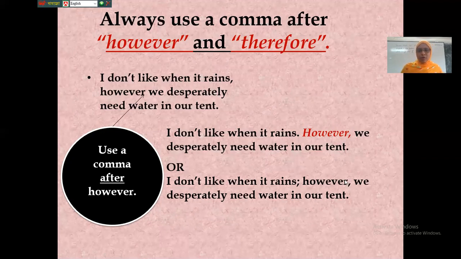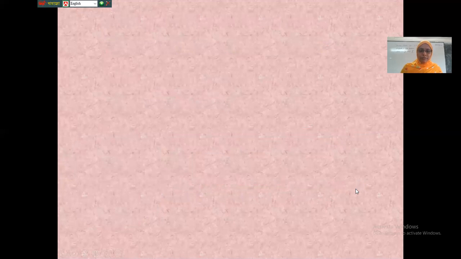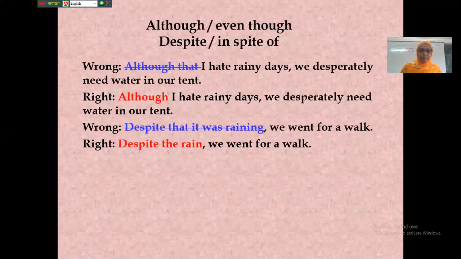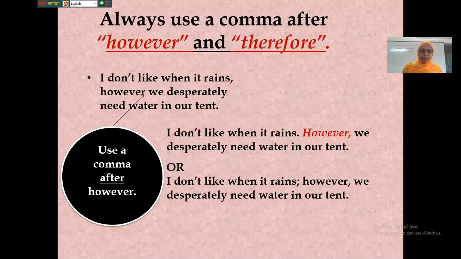There is also however, and you must use a comma. So, we said that therefore and however, if you use however and therefore, you must use a comma.